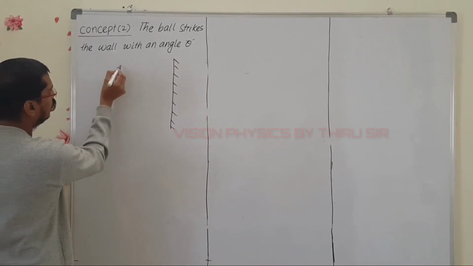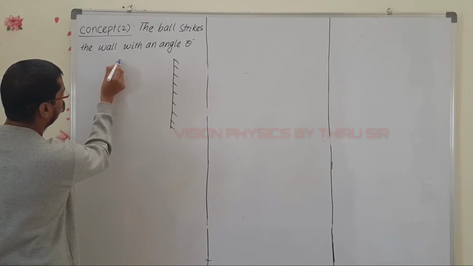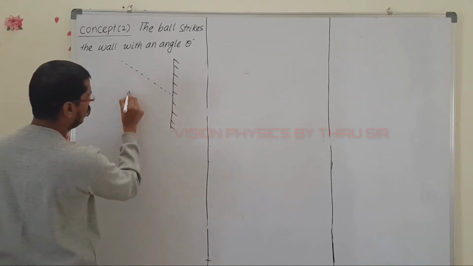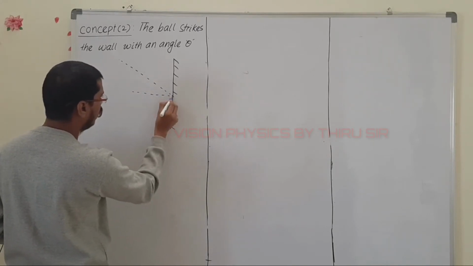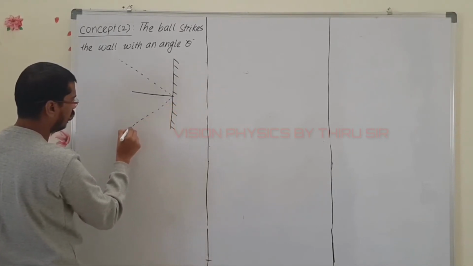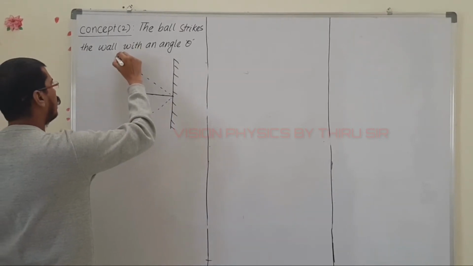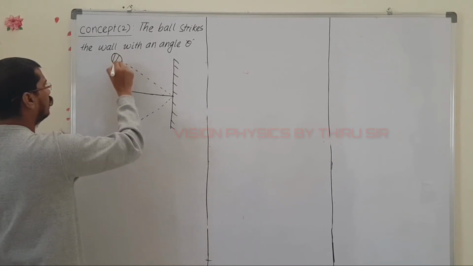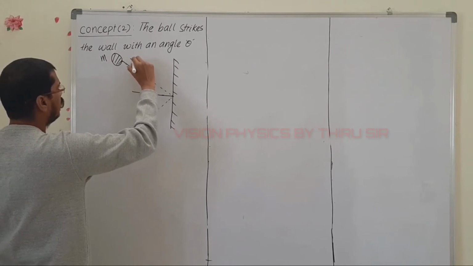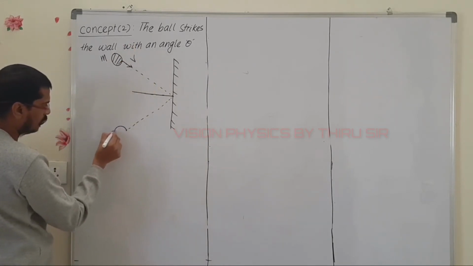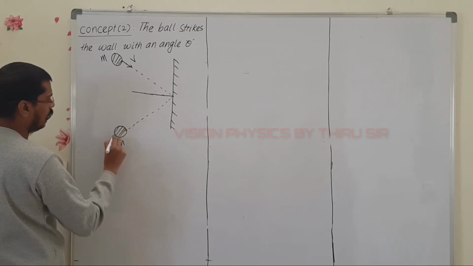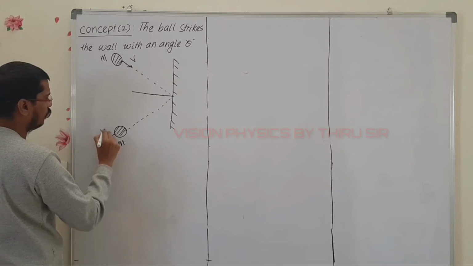The ball strikes here, this is a perpendicular line, then after the perpendicular line it rebounds. Here I am taking a ball of mass m moving with velocity v. After striking, again the ball of mass m moves with velocity v.